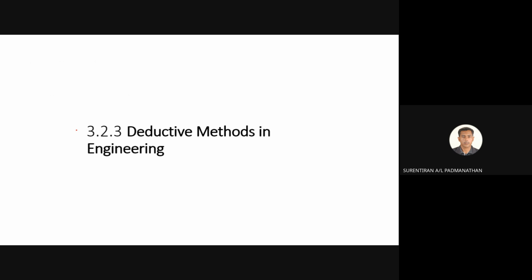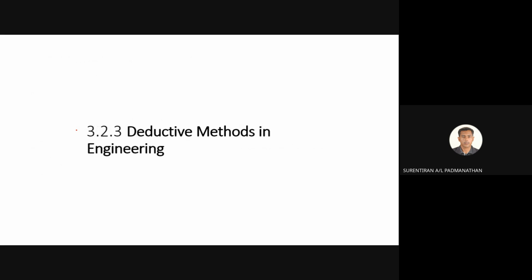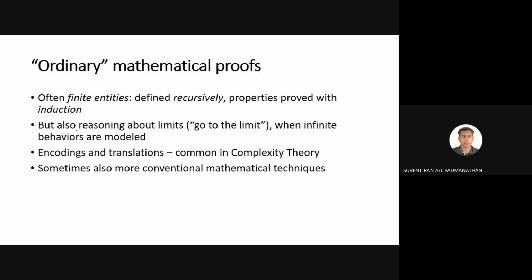So next, we'll see deductive methods in engineering. We have two types of methods, which are called the deductive method and the inductive method. Okay, so what are deductive methods? So ordinary mathematical proofs. Often finite entities defined recursively, properties proved with induction, but also reasoning about limits.